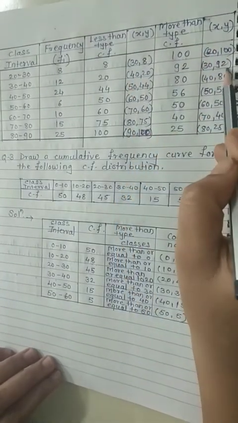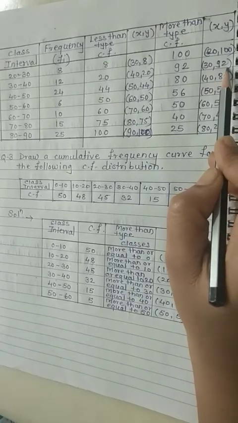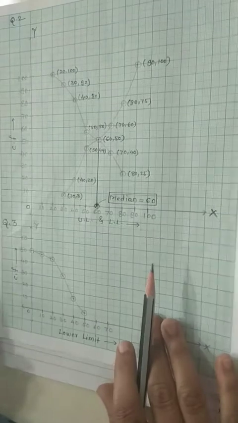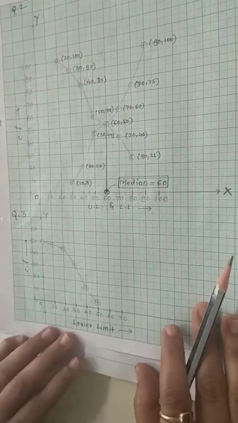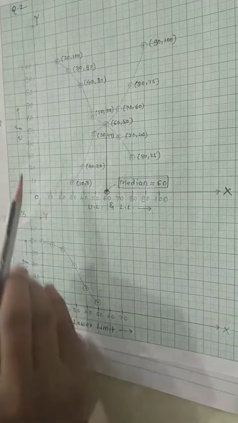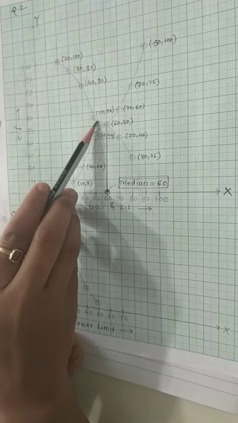So get the coordinates for both types of cumulative frequency distribution and then plot these points on the graph paper.